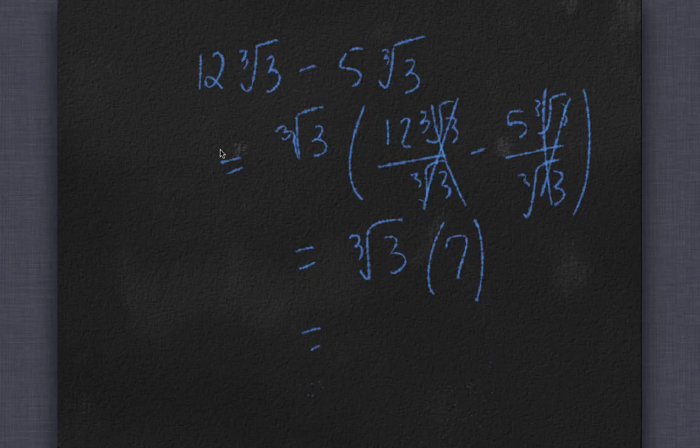Let's say that I had 12x to the 7/8 minus 6x to the 3/8.